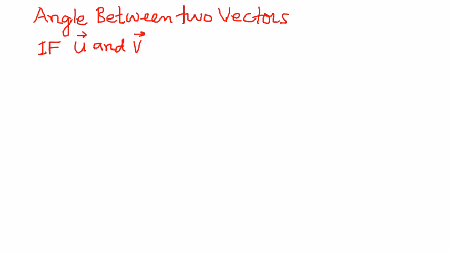Okay, so 1. If we have, from the starting point, if we represent this as vector u and on this side as vector v, then if this is the measure we are looking at, if this is the measure theta, these two vectors are facing opposite directions.